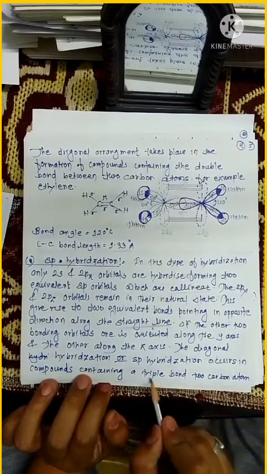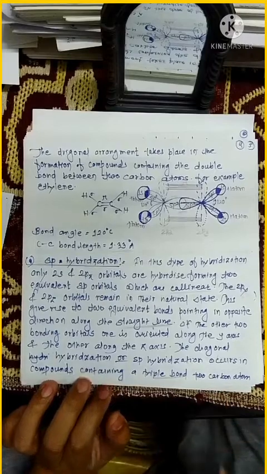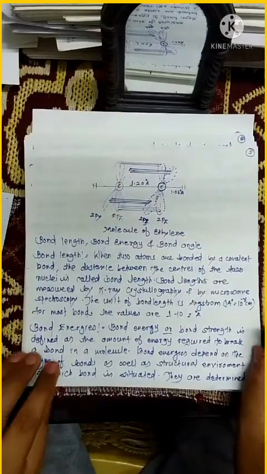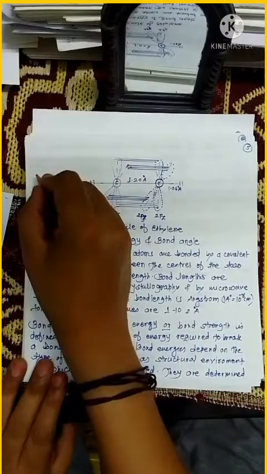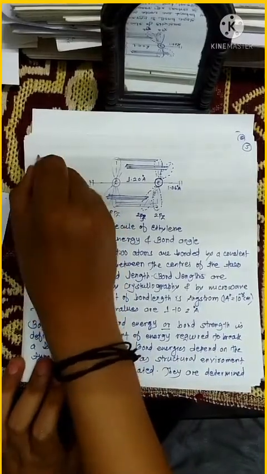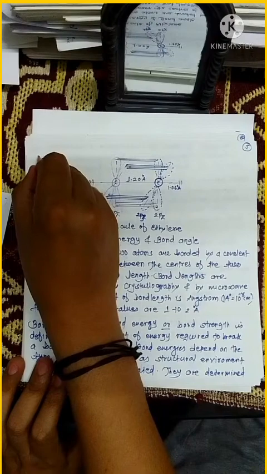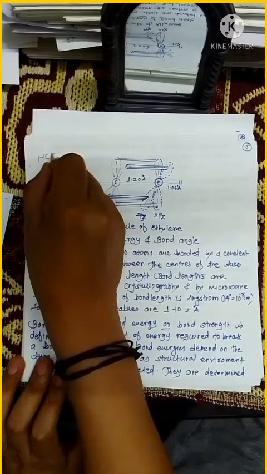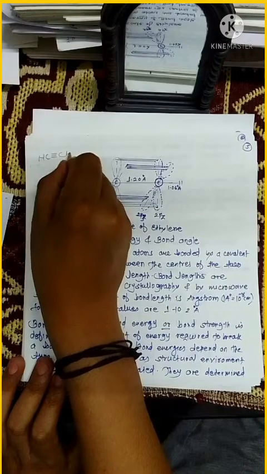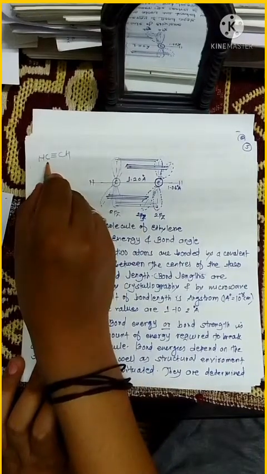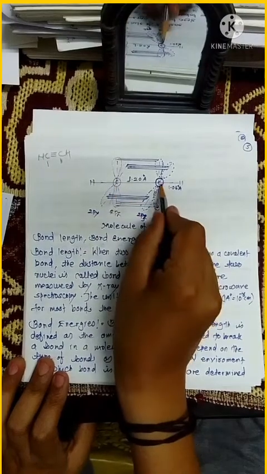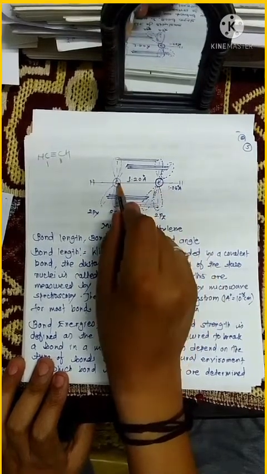An example in which sp hybridization is seen is acetylene, that is CH triple bond CH. In this case, this carbon and this carbon undergo sp hybridization.